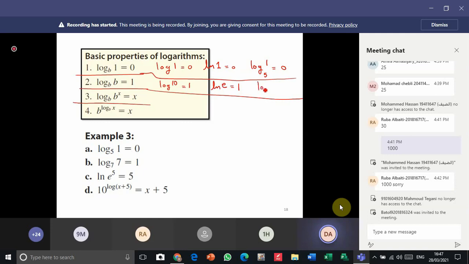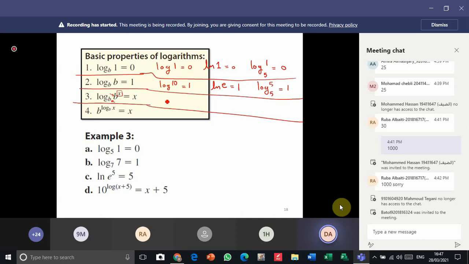Logarithm 5 to base 5 also equals 1. So if the argument equals the base, the value of the logarithm equals 1 directly.